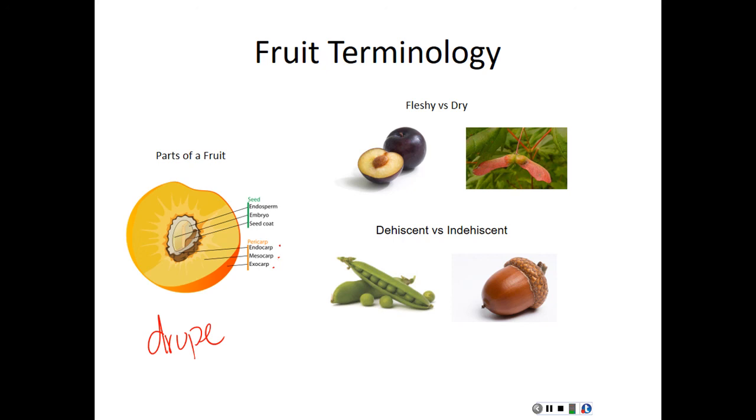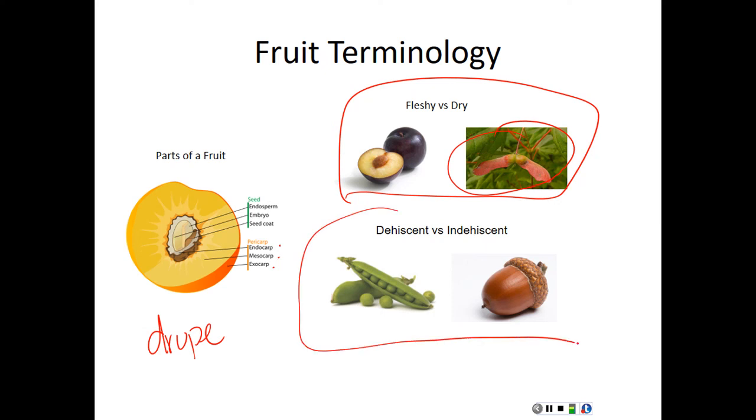You also need to understand the distinction between fleshy and dry. If it's juicy, that means fleshy, right? Thick and juicy, something like a plum. Dry means that the ovary wall never got thick and juicy. Also, you need to understand the distinction between dehiscent and indehiscent.